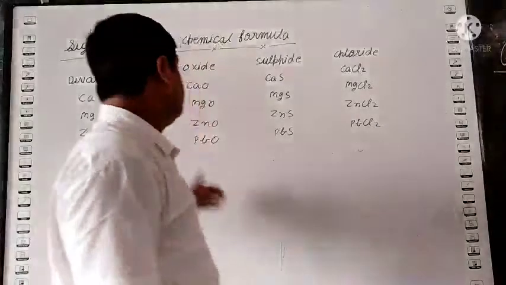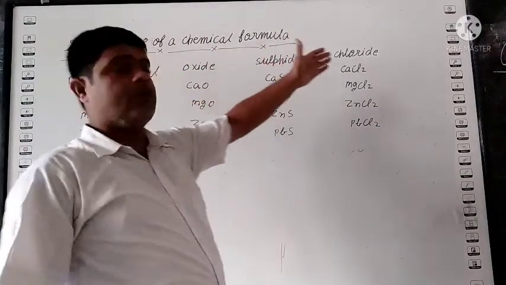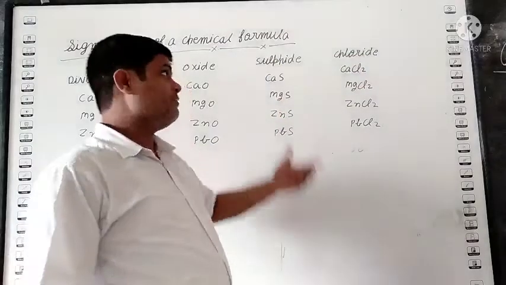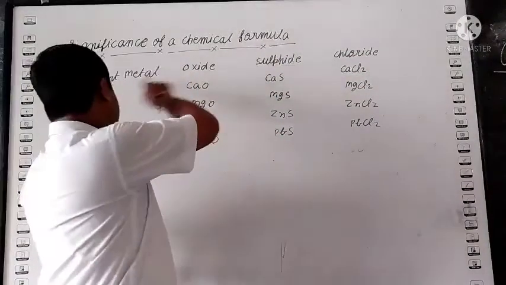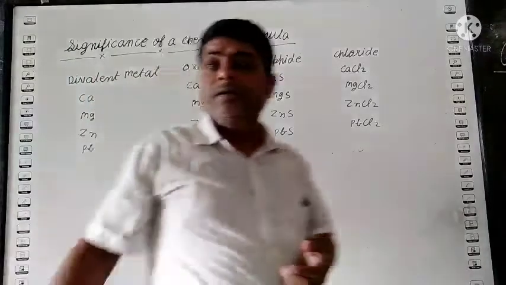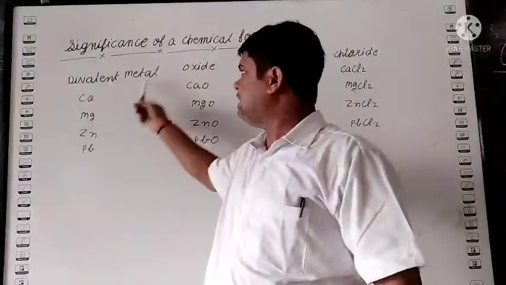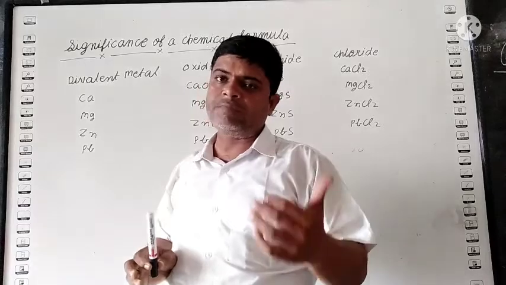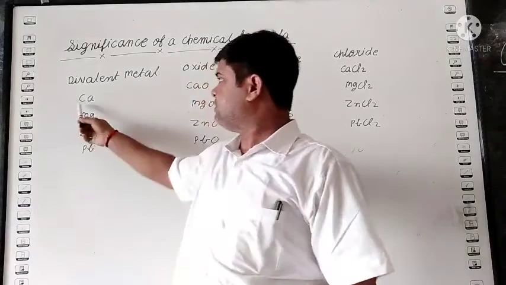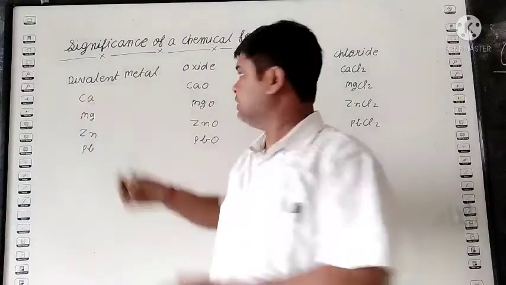So, student, this is the oxide, sulfide and chloride. Oxide means oxygen, sulfide means sulfur, and chloride means chlorine. Calcium is a divalent metal. Metal loses electrons and contains a positive charge. Why divalent?